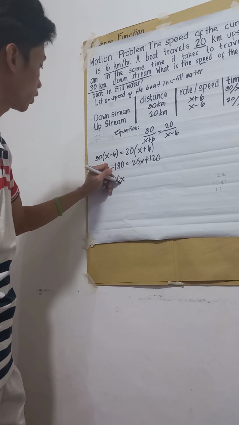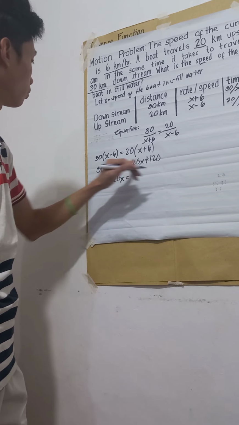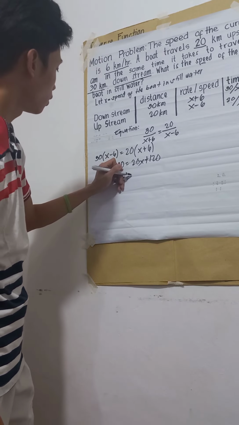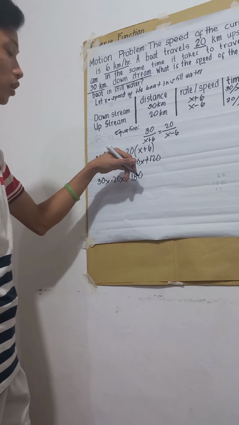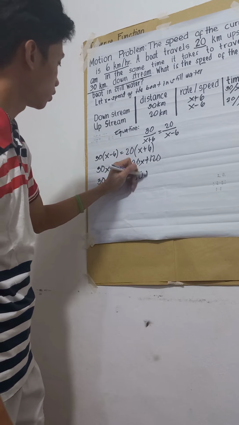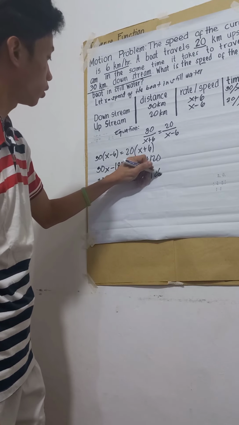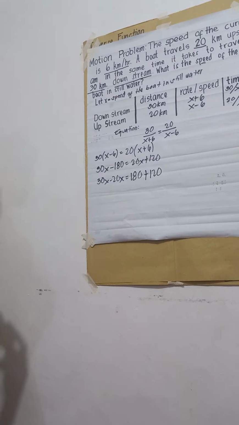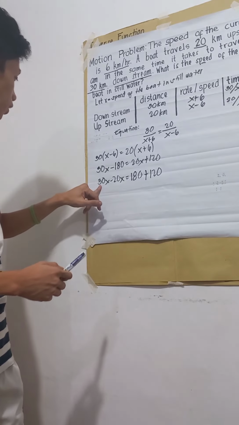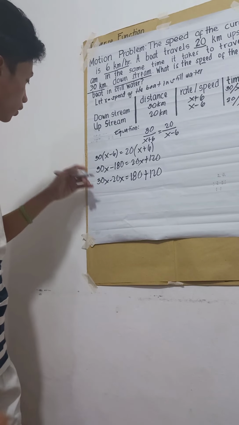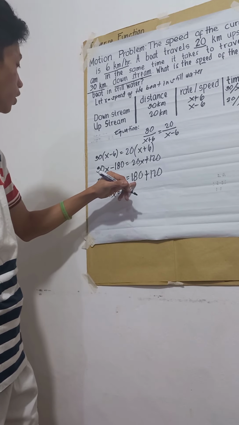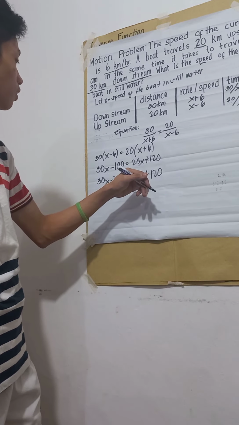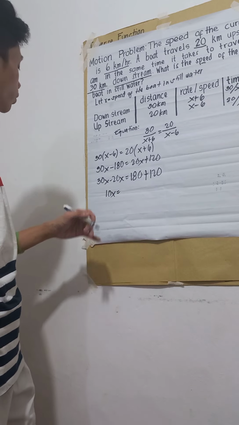So that would be 20x equals positive 180, because we cross the equal sign, plus 120. So we're going to simplify. 30x minus 20x is 10x, equals 180 plus 120, which is 300.